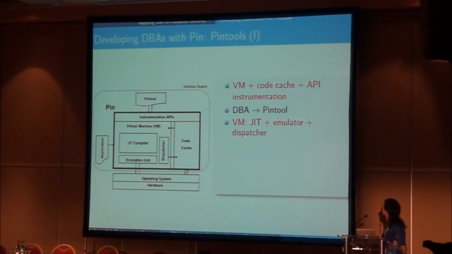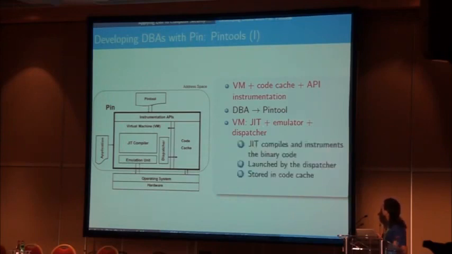First we have the virtual machine, which is composed of the just-in-time compiler, an emulator, and a dispatcher. The first thing the just-in-time compiler does is take your binary, compile it, and add the instrumentation that you have defined. Then these instructions are sent to the dispatcher and stored in the code cache, and the dispatcher executes them.